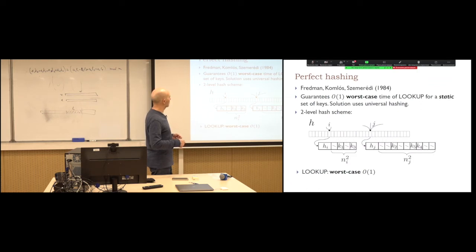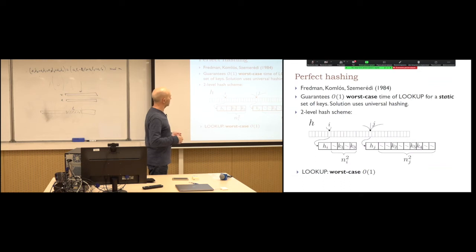We will store them in another hash table. And the size of this second level hash table will be quadratic with respect to the number of items hashed to this bucket. Okay? I repeat.